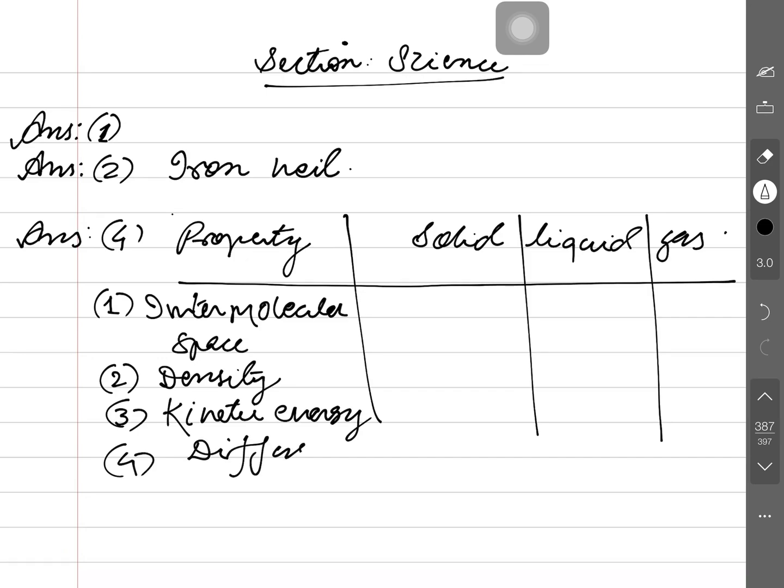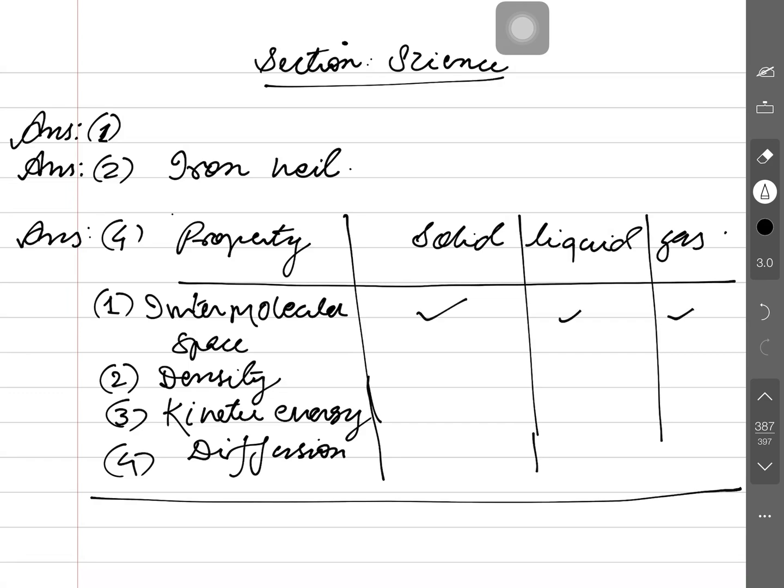On the basis of diffusion you have to write here. So, intermolecular force in solid is stronger, in liquid weaker, and in gas very weak.